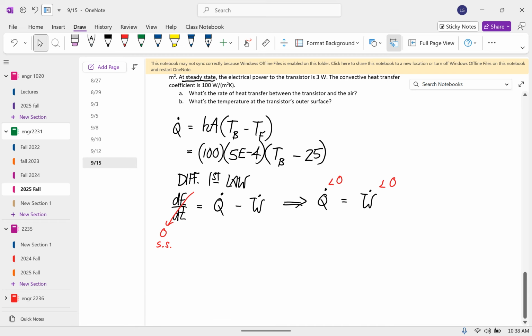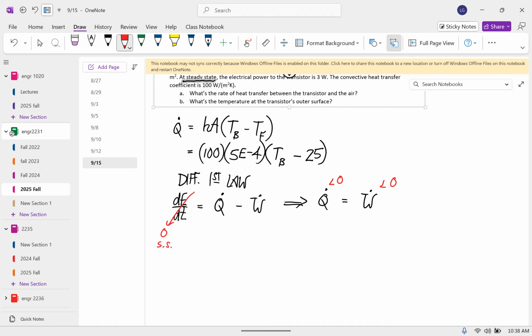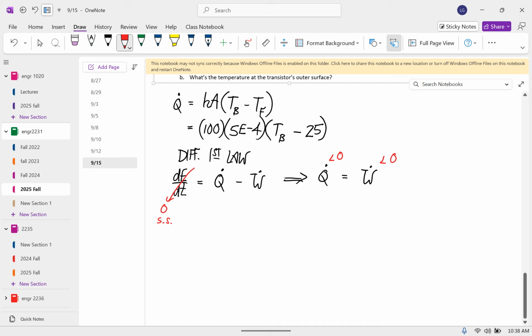So let's think about it: do we expect the temperature of the body to be higher or lower than 25? Higher, right. I'm just going to keep these signs in here. So I'll write it as negative, because that fluid, the air, is cooling down the transistor.